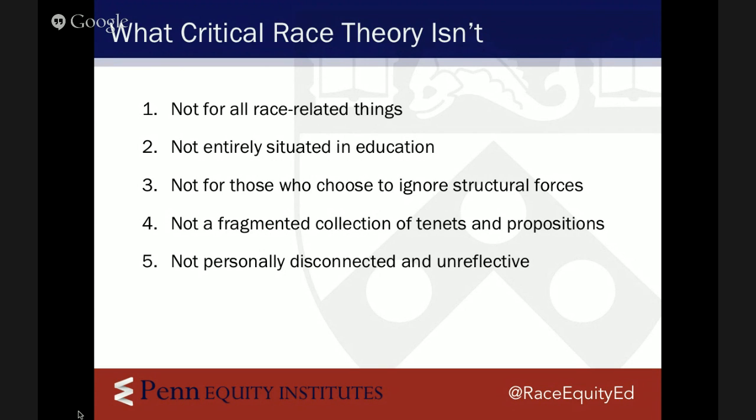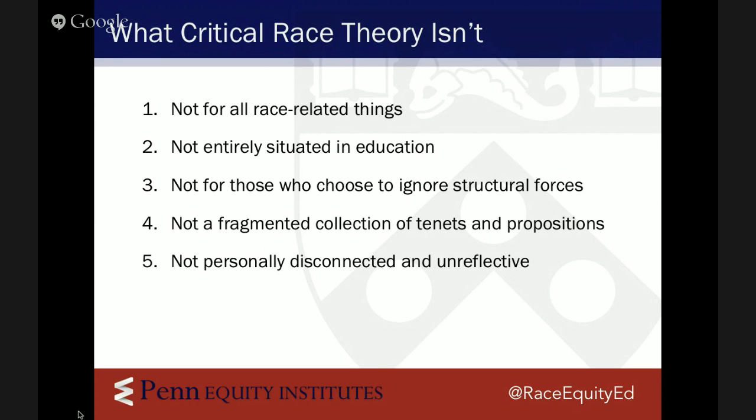It's certainly not a fragmented collection of tenets and propositions. The two of us often see lots of papers in which people will merely list the tenets of CRT that Lori talked about, and the other features of CRT like intersectionality, whiteness as property, interest convergence, and so on.